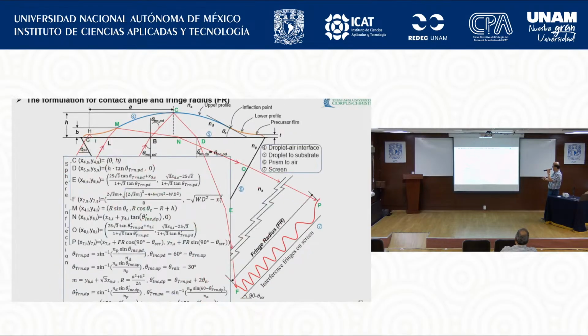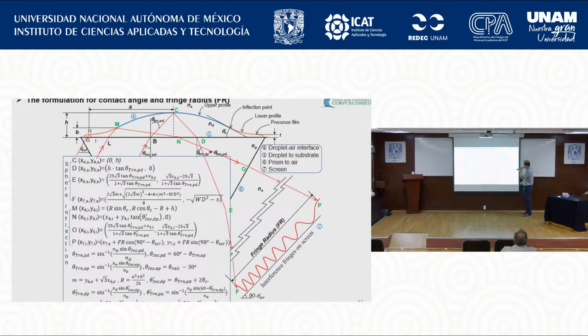Okay. And now this slide shows the other geometric modeling, between the contact angle, which is the angle measured at the inflection point of the droplet, right? And now this slide shows the geometric modeling relation between the contact angle and the fringe radius.